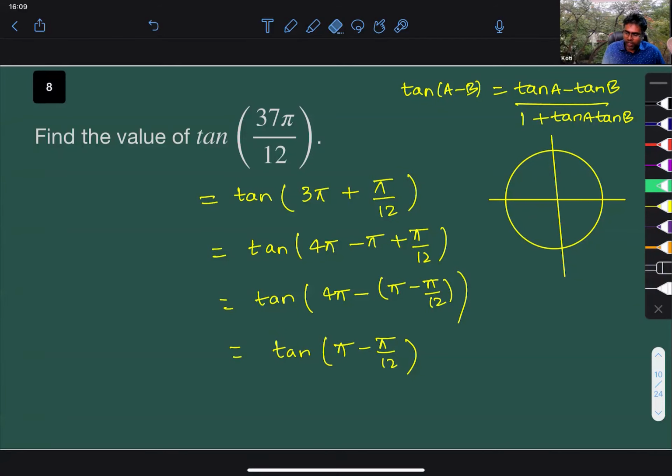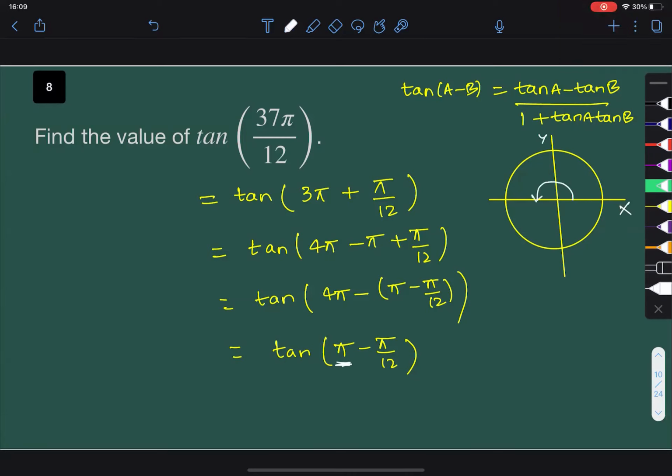If you take pi, are you going clockwise or counterclockwise? If you go pi from the reference line, you go counterclockwise, right? Now minus pi by 12 will take you where? Clockwise. So you will reach some point here.